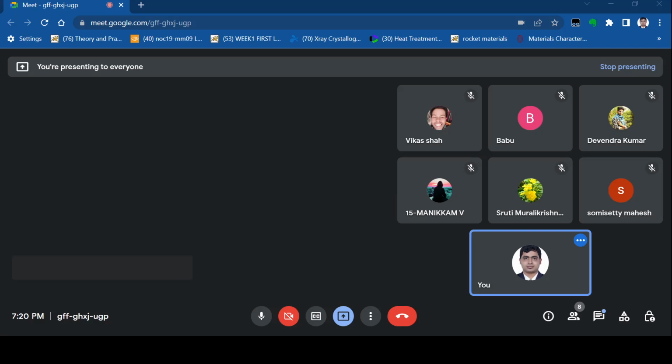We put this T here and here, and then integrate dT by T, that is ln T. So 30 ln 1000 by 900 minus this plus 20 ln 900 by 1000.